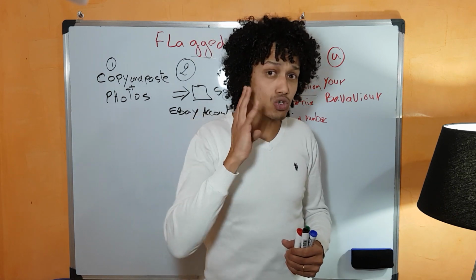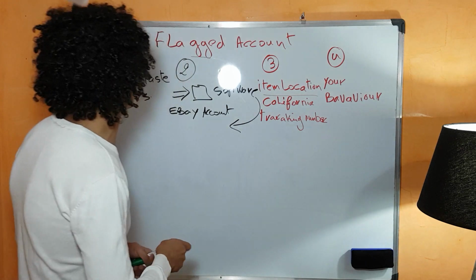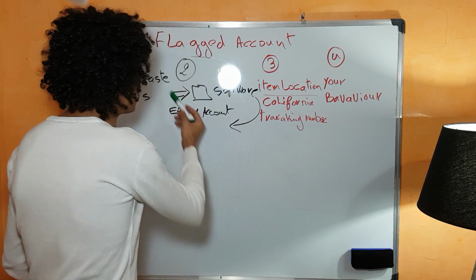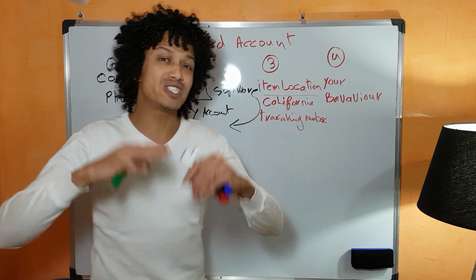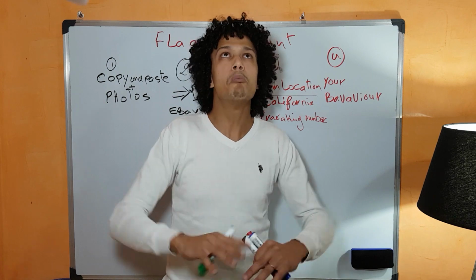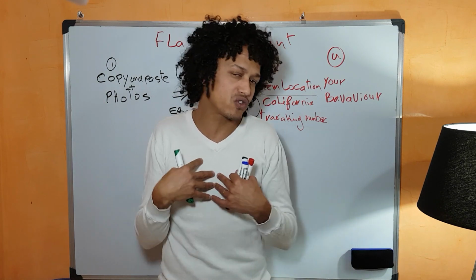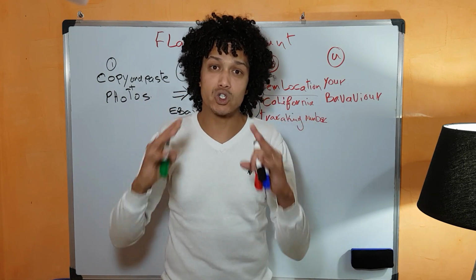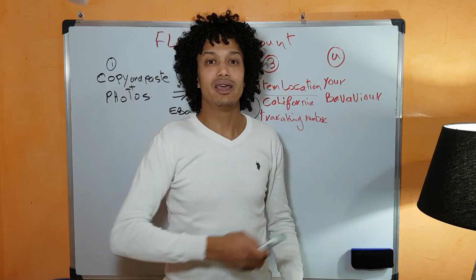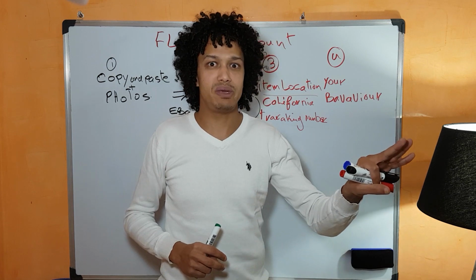So the 4 main reasons, as I explained: number 1, copy and paste plus photos in your store. The number 2 is softwares, which is APIs. I wouldn't say all the softwares because I haven't tried all the softwares. Most of the softwares, APIs, copy and paste information, and the information stays in your eBay account.